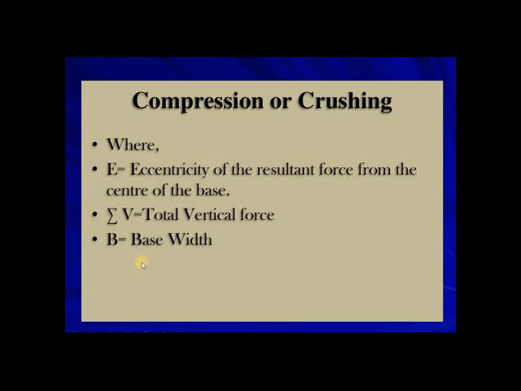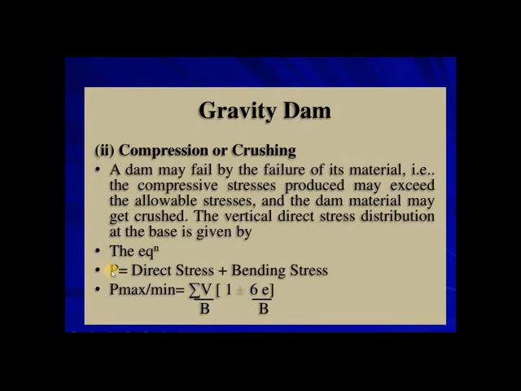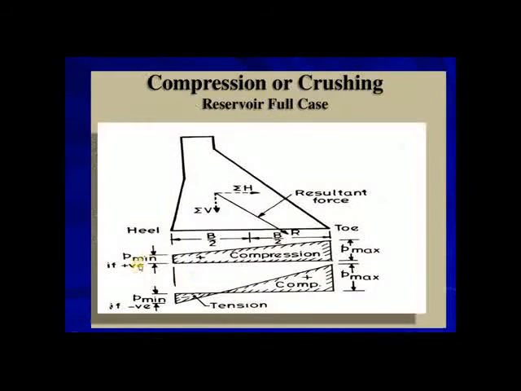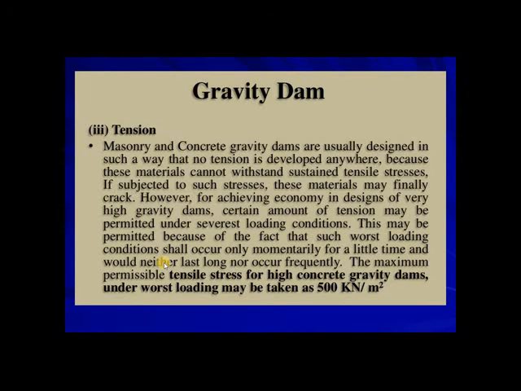The P min should be positive. So for the total stress, P max and P min, the P min should be positive. It should not be negative. It should not be in tension. If there is tension, the material will be highly compressed, and the compression may go beyond the compressive stress of the concrete material used there, and the material may get crushed, and dam failure may occur.